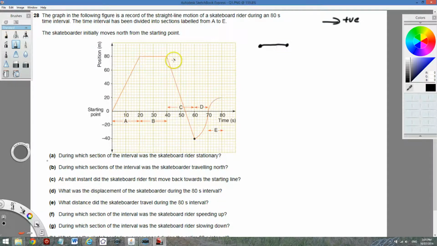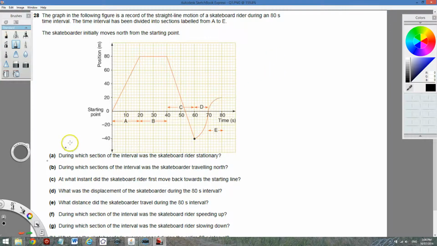Then it moves back, it's dropping down, so it comes back on a straight line and passes the initial starting point. Then it moves in the positive direction again. But it doesn't move at a constant speed because the gradient is different. So anyway, we have had a brief look through the graph, and let's do the questions.